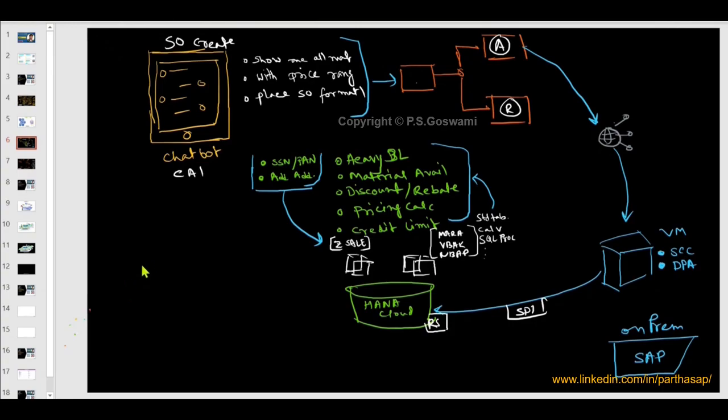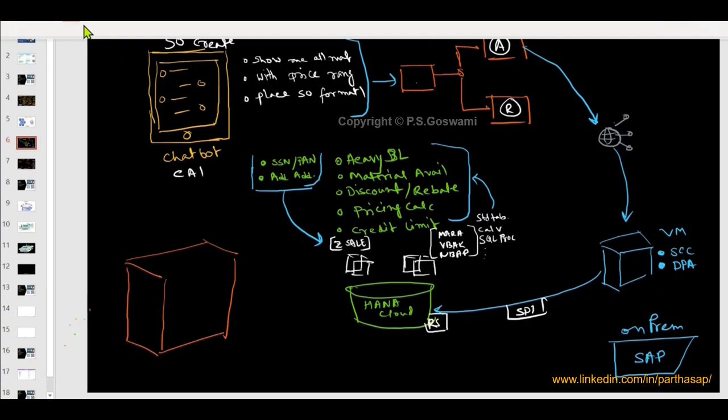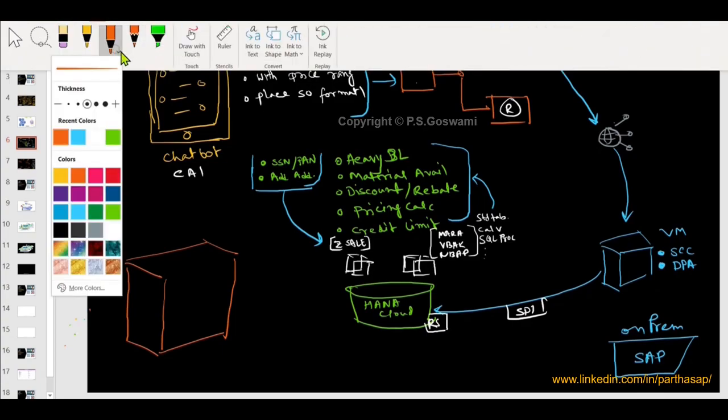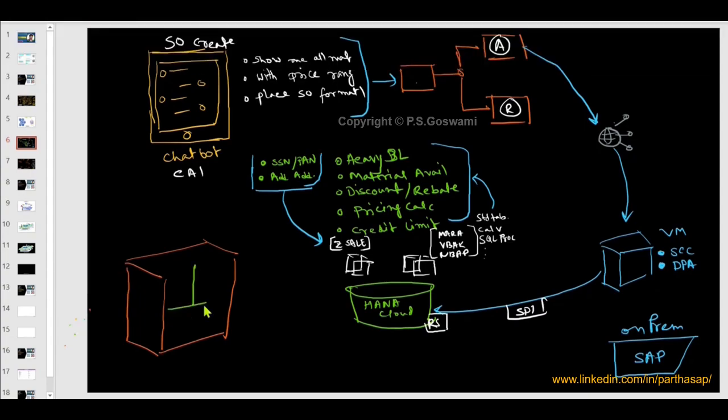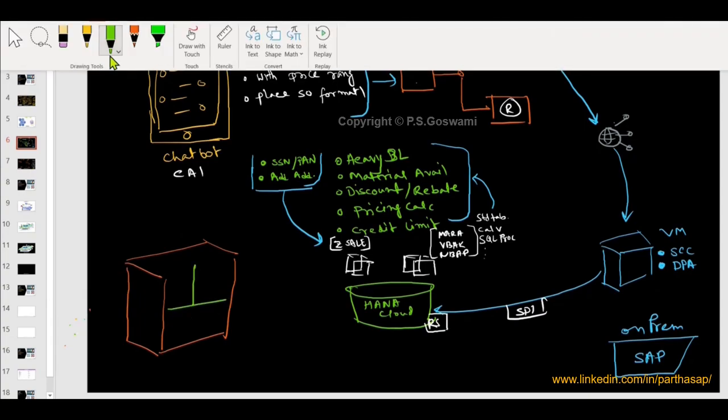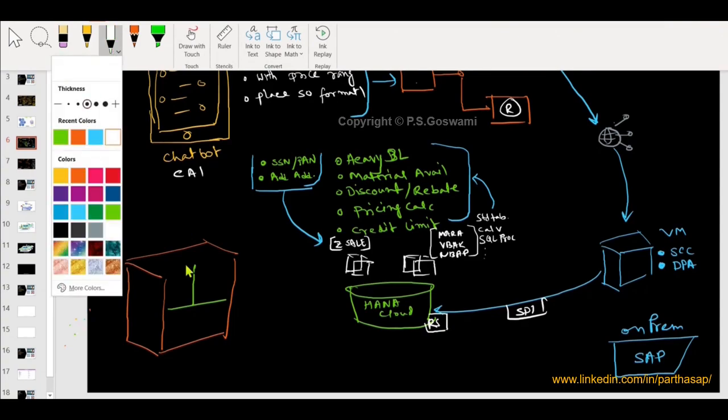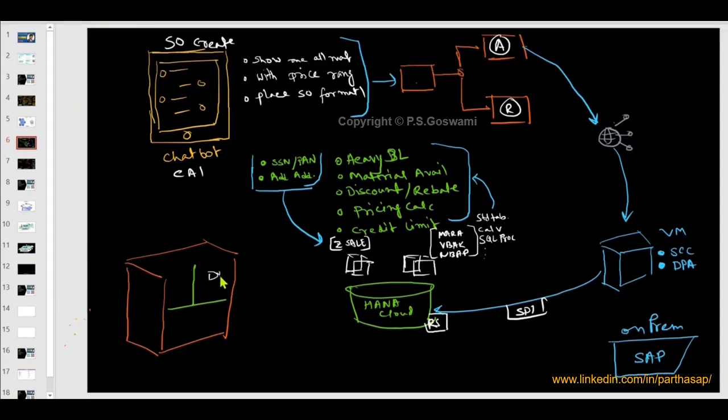So let's say this is your CAPM framework, and on top of this you have your database. We have seen the database module inside the CAPM, the app module inside the CAPM, and the SRC as well. So SRC Node.js.